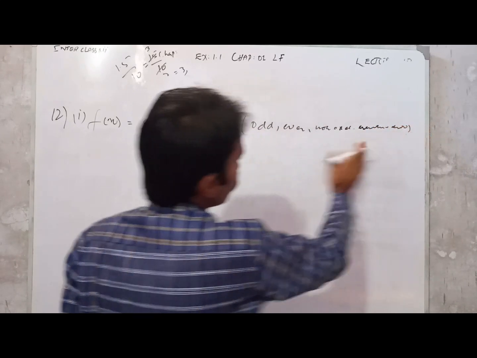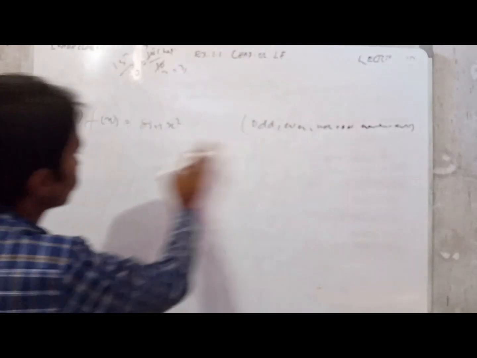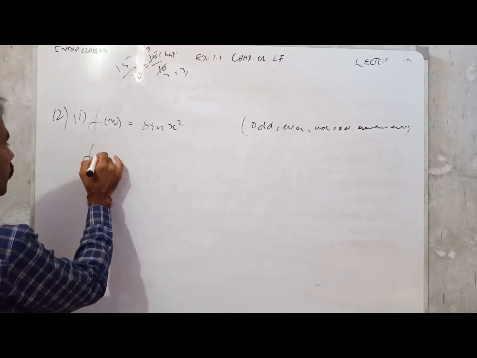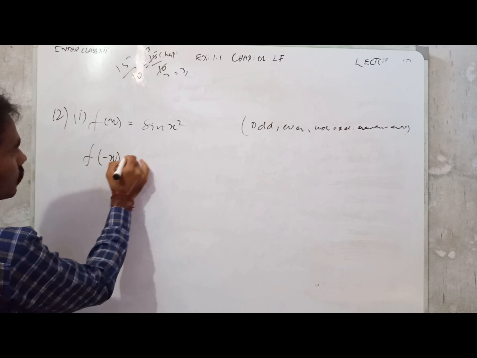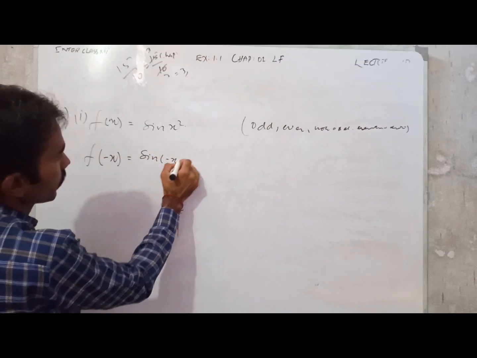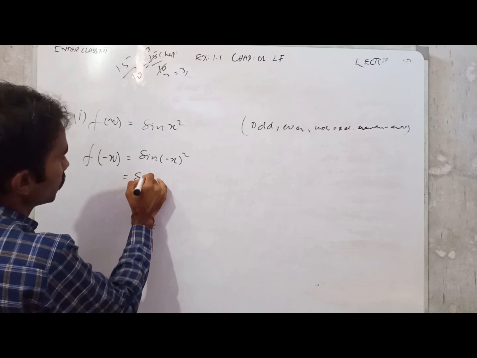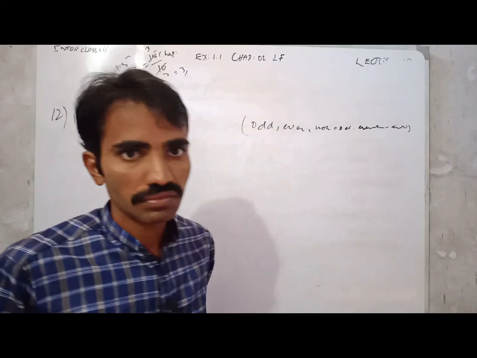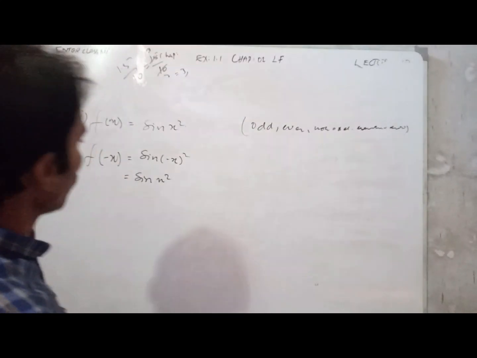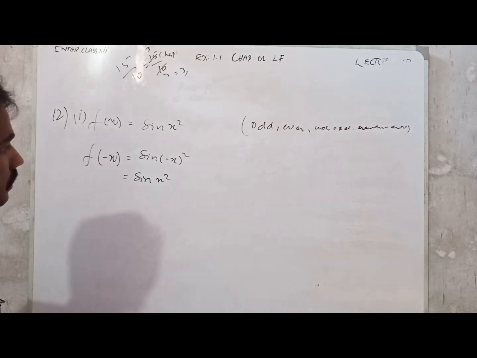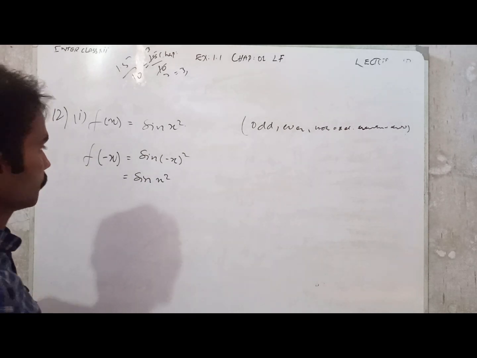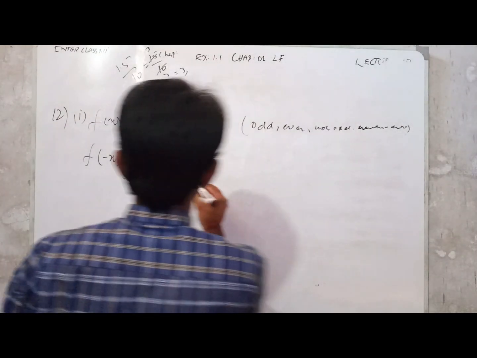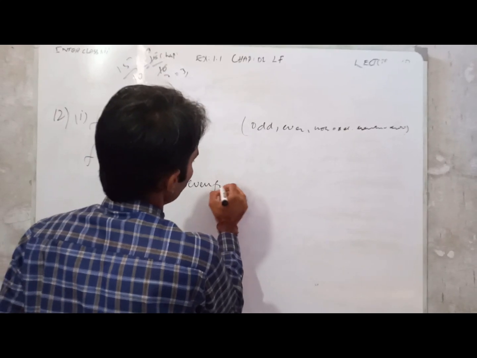We just put the minus sign in place of x. So sine of minus x whole square is equal to sine x square. Why? Because any term with a positive even power will be positive. So that is the answer. That is an even function.